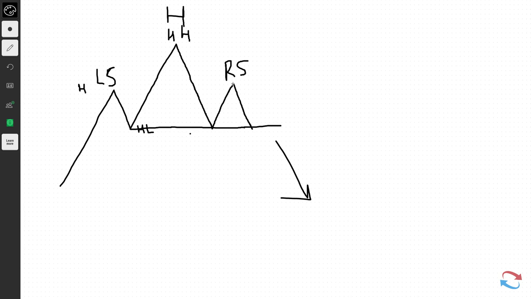Right? So when I say starts to fail, prices are failing to make a new high. Now again, this is just the perfect Head and Shoulders pattern I'm drawing for illustration purposes. But on a price chart, it won't look so perfect. But you'll get the idea, and we'll go through some examples in a bit.